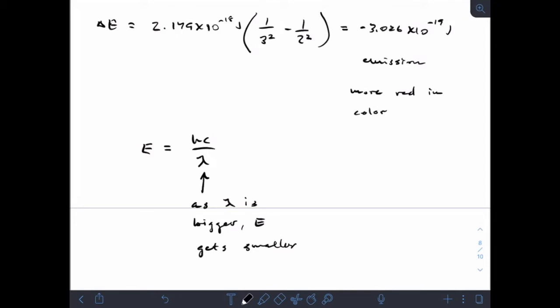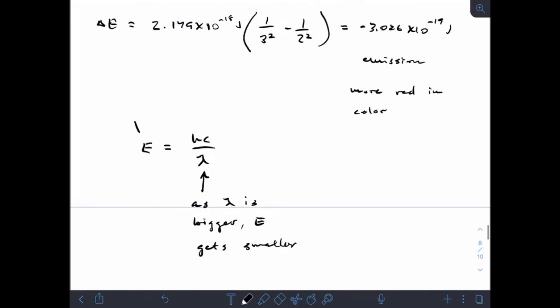Talking about a number in a denominator, as that denominator gets larger, the value of the fraction gets lower. So lower energy must be associated with a longer wavelength.